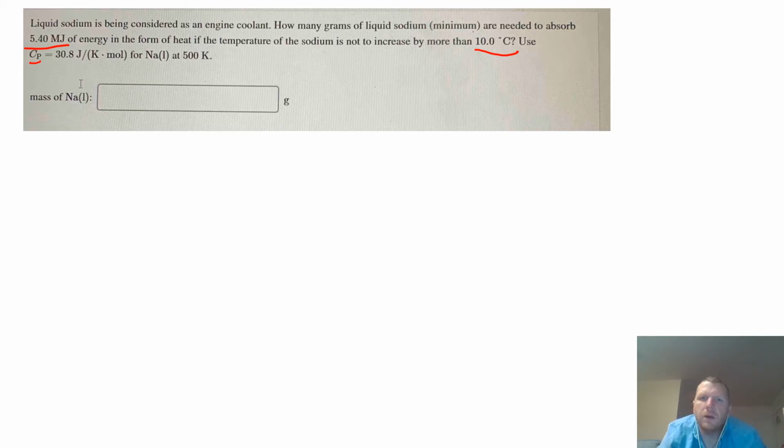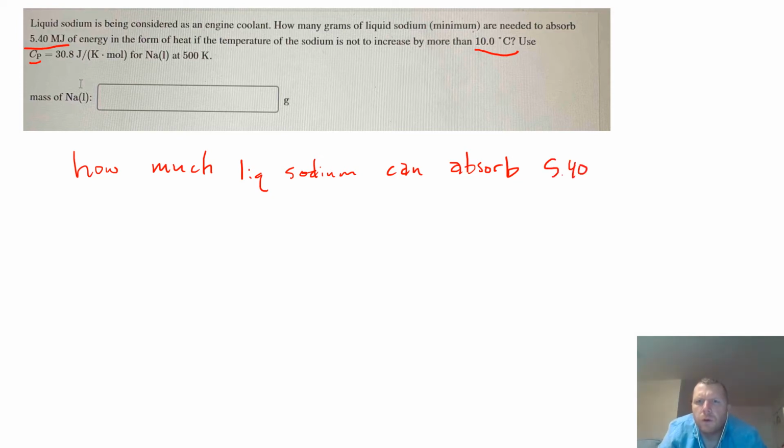Now this throws a lot of numbers at you, but what this ultimately is asking is how much liquid sodium can absorb 5.40 megajoules of energy and not change, or your temperature not change by more than 10 degrees.